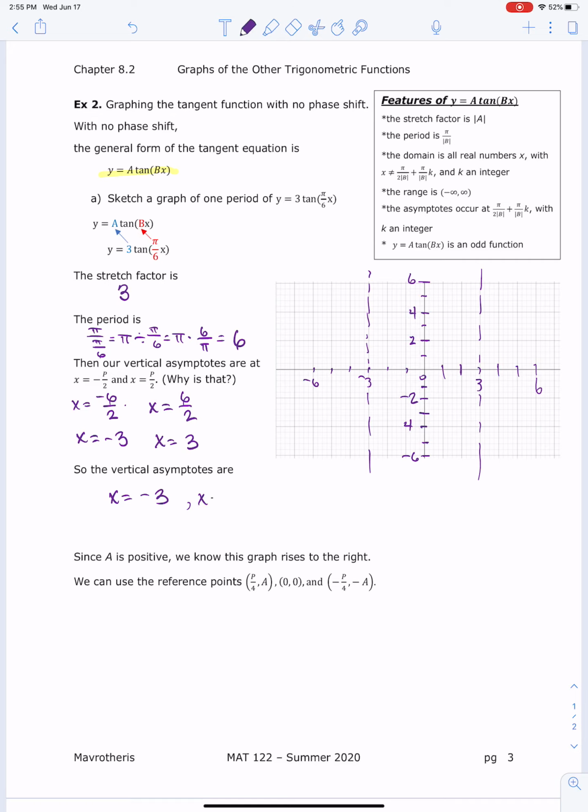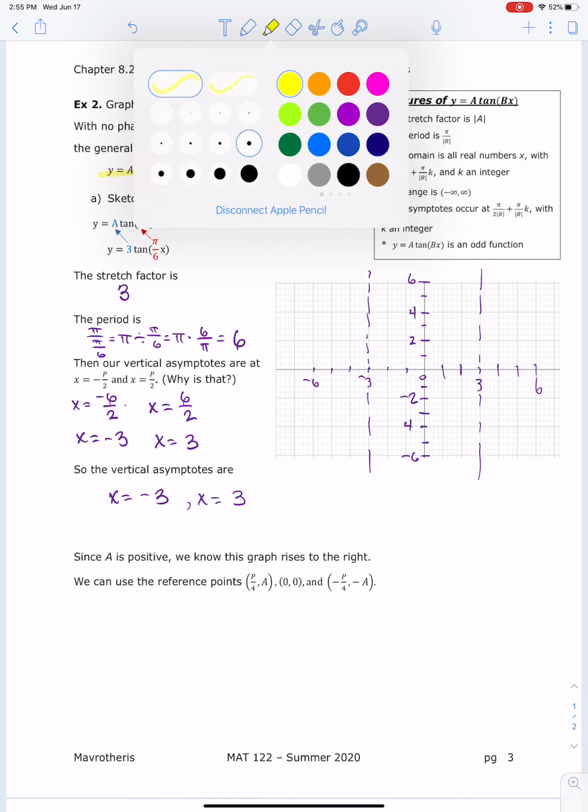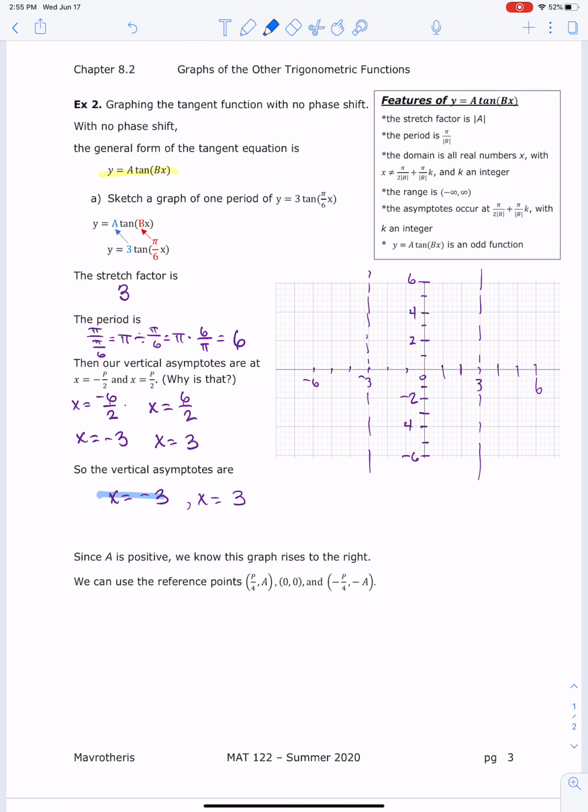It's a little repetitive. x equals 3. And just so we're clear, we've got these two vertical asymptotes. And just a reminder that our graph is not going to cross those asymptotes at all.